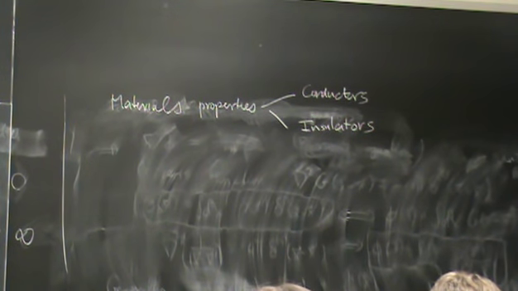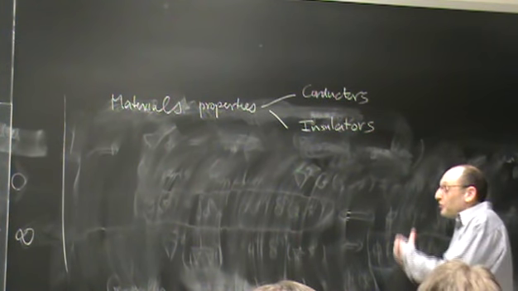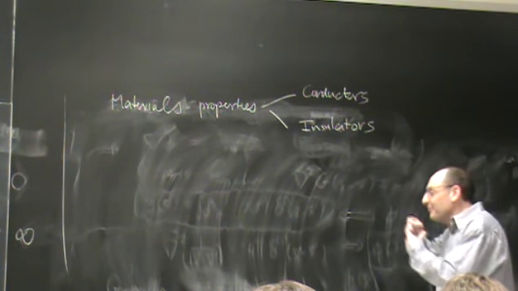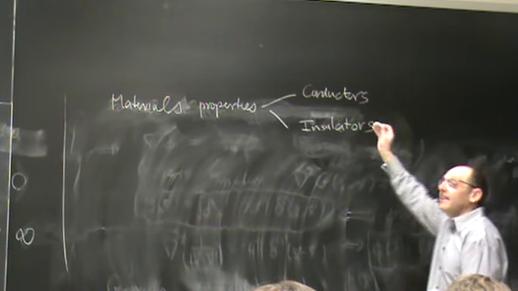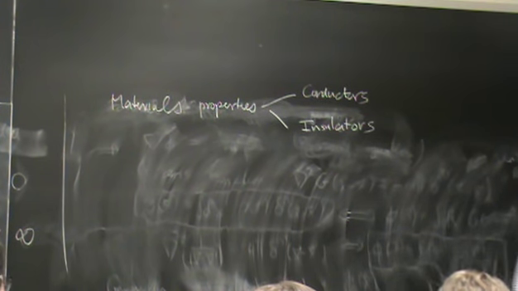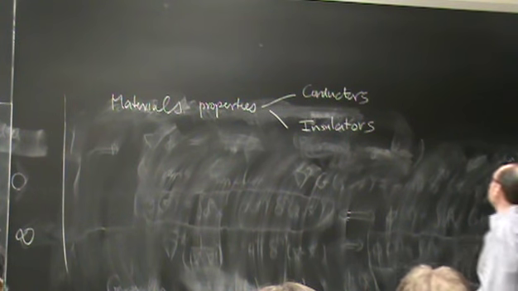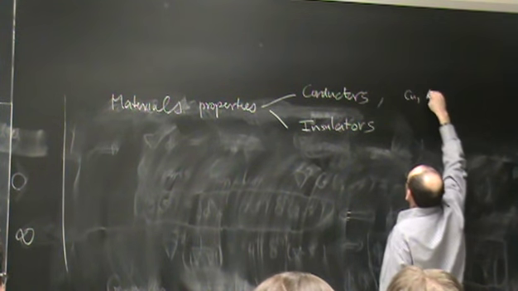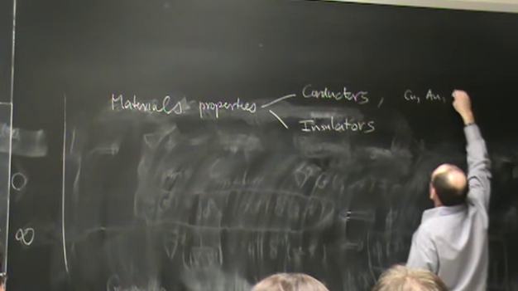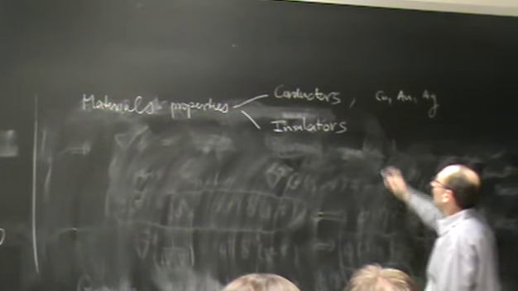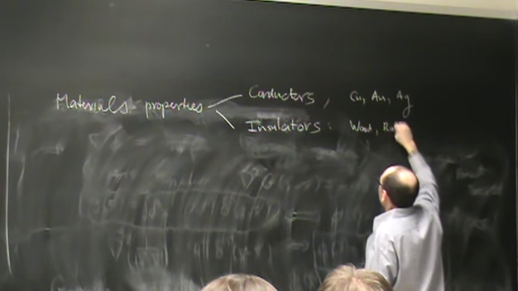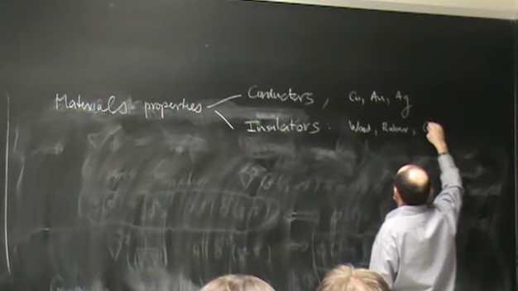So, materials really divide fairly cleanly into these two classes. Not exactly, but pretty darn. There are materials that are essentially perfect conductors, like copper or silver, gold. And essentially perfect insulators, wood, rubber, glass.